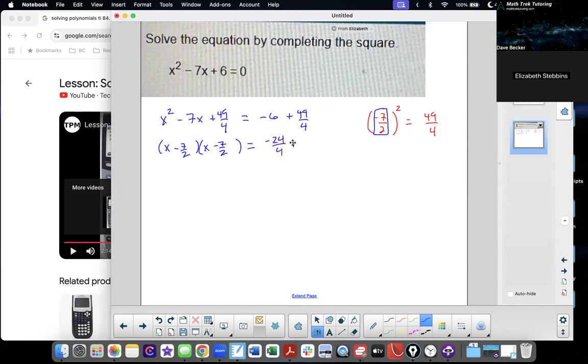equals negative 24 over 4 plus 49 over 4. And then it's a perfect trinomial square because it becomes this thing squared. Okay, I see. And then this would be 25 over 4. Then we take the square root of both sides.